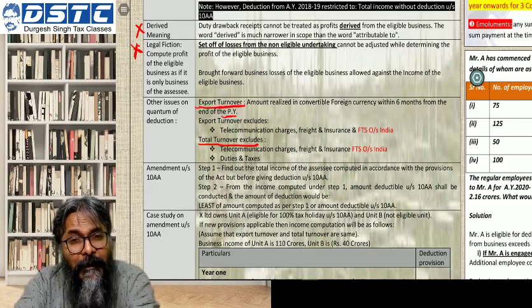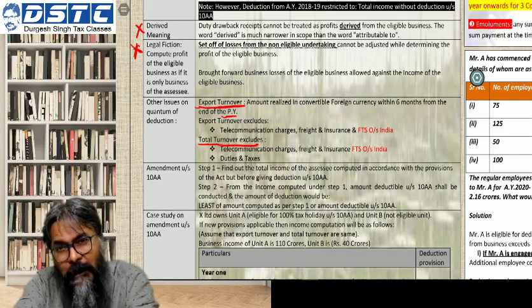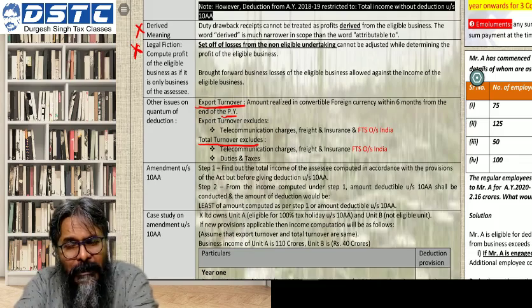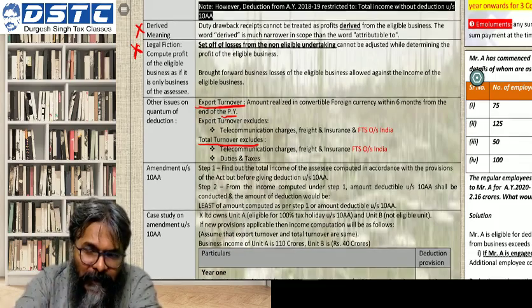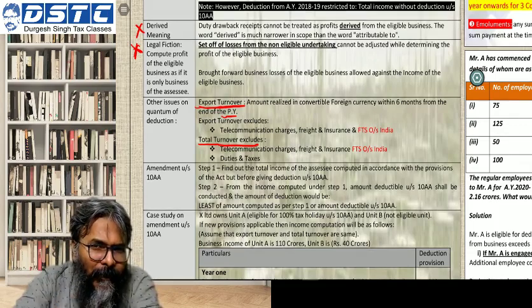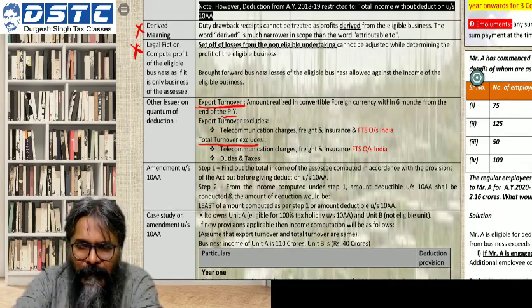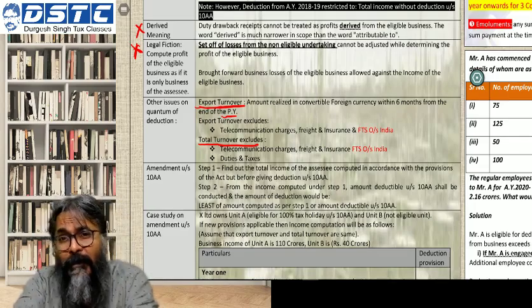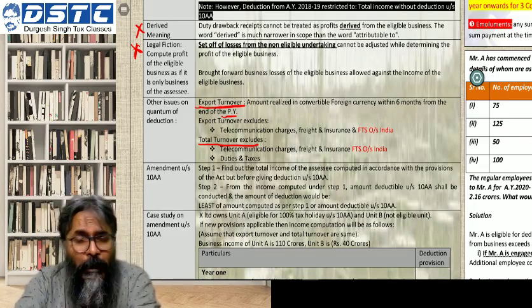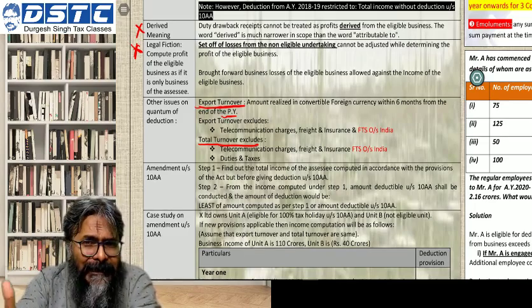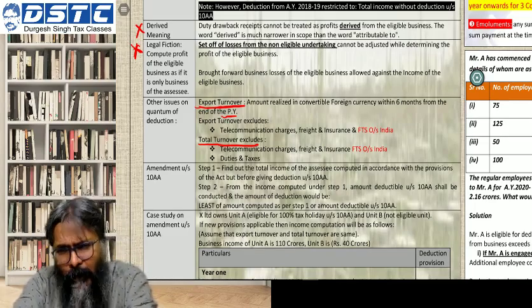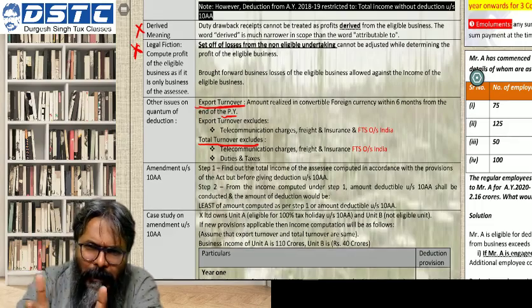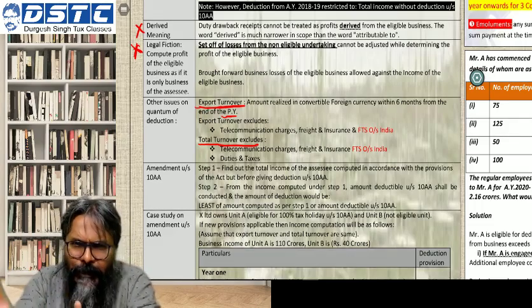If there is a lower amount of the realization of the export turnover, then that will result in a lower amount of the deduction, isn't it?